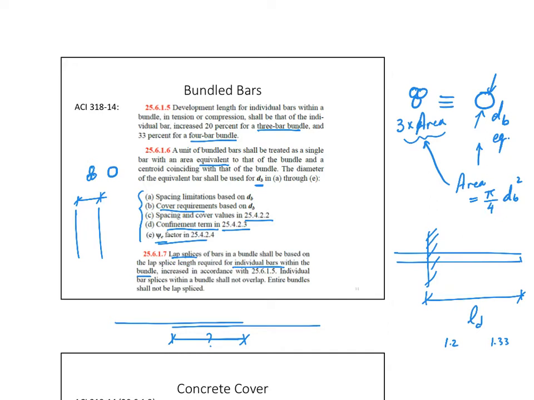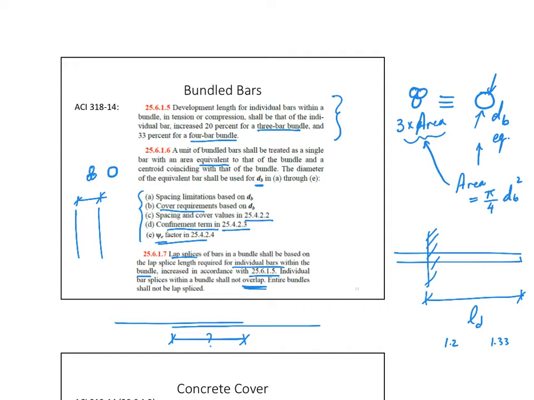And then it will increase in accordance with 25.6.1.5, which is this increase, 1.33 or 1.2, depending on the number of bars in the bundle. Bar splices in a bundle shall not be overlapped. The bar splices within a bundle shall not overlap.